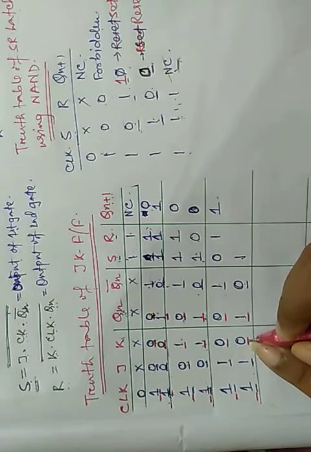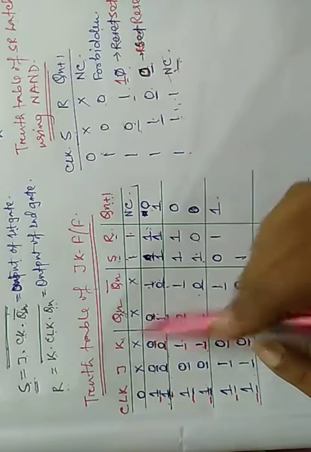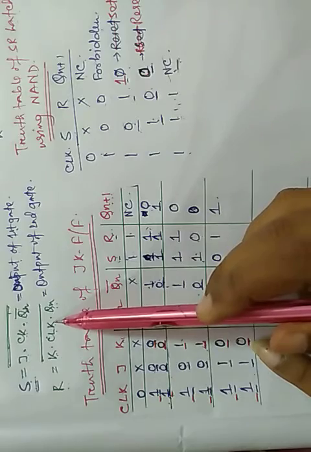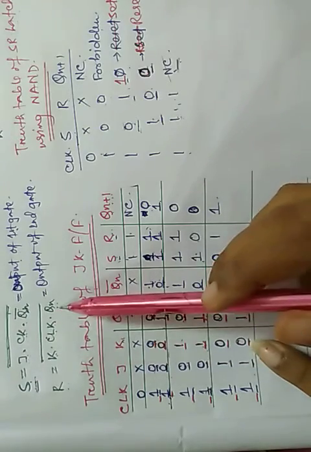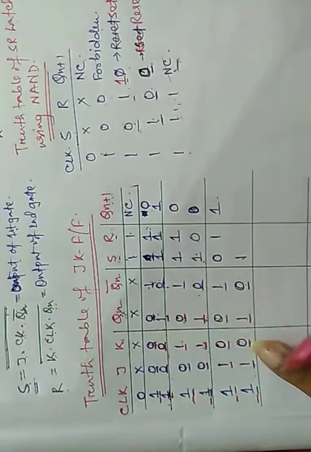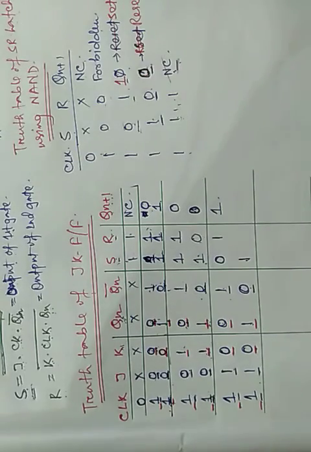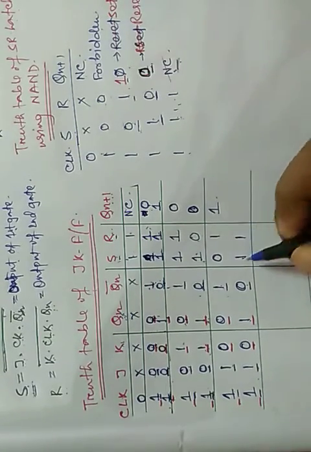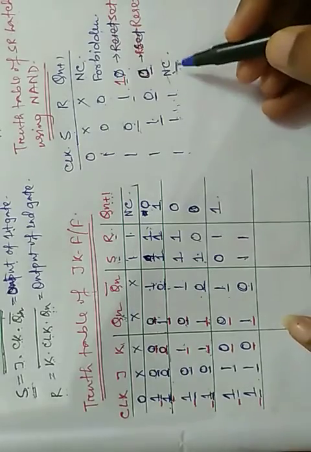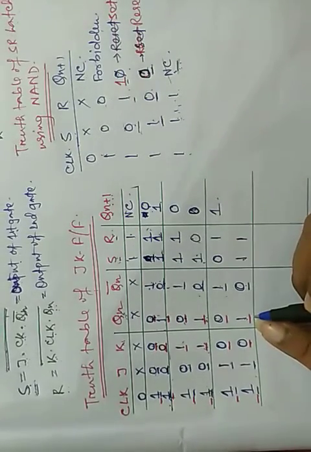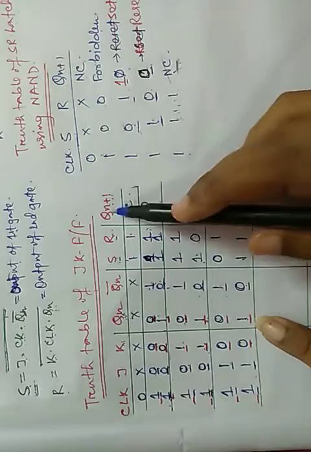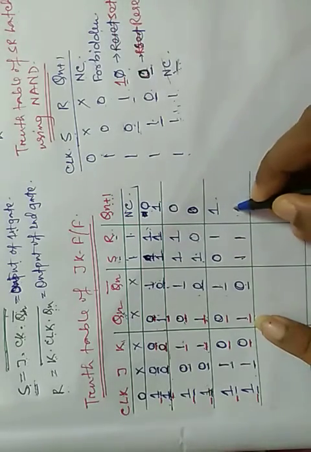Again, as K is 0, one of the input signals is 0, so we get output 1. 1, 1 means no change. No change means whatever the value of Qn, we get the same value of Qn plus 1.